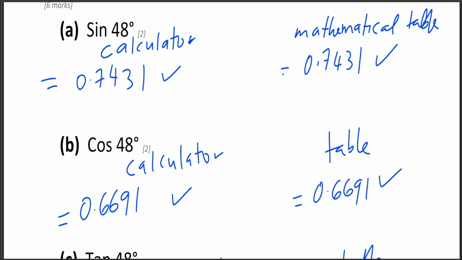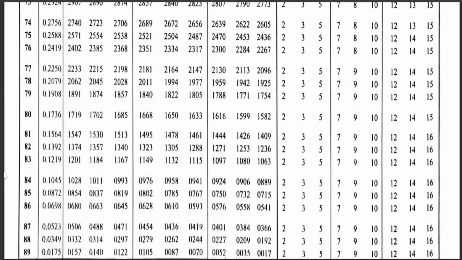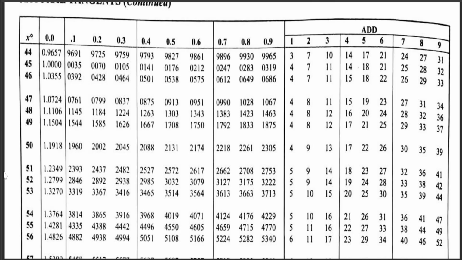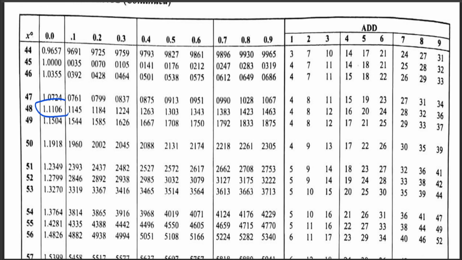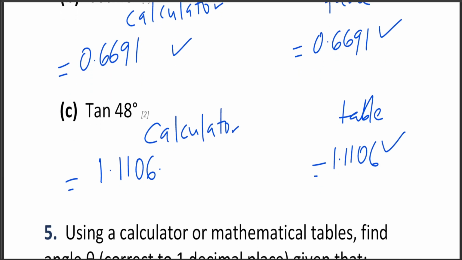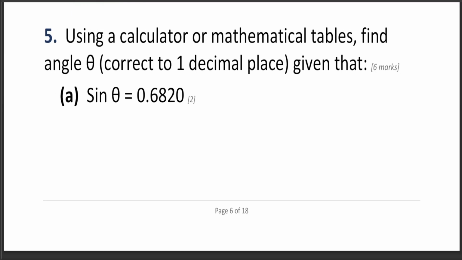Naenda kwa tan, kwa itaingia kwa natural tan, utafuta 48, which will also be 1.1106. Umeona, answer ni ile ile tu, which is just the same whether you are using a calculator or mathematical table.